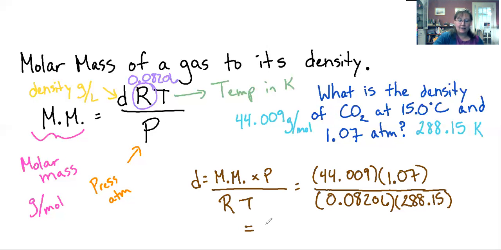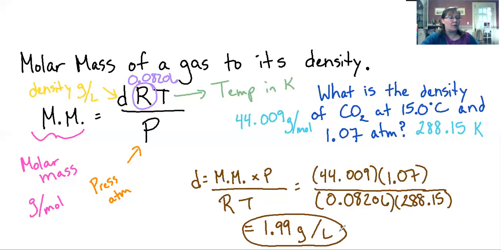And I get a density of 1.99 grams per liter. You could work through something like that as well. So that wraps up gas stoichiometry.